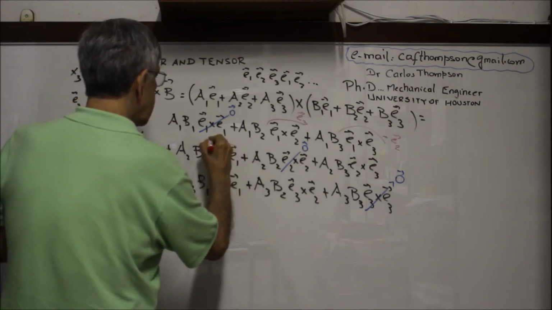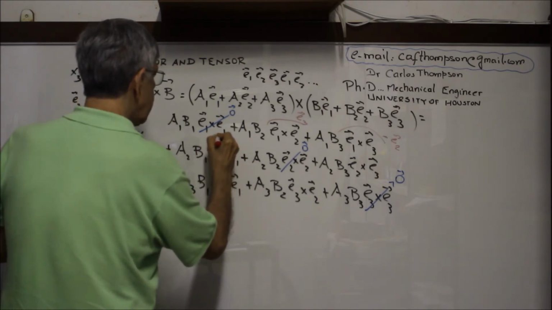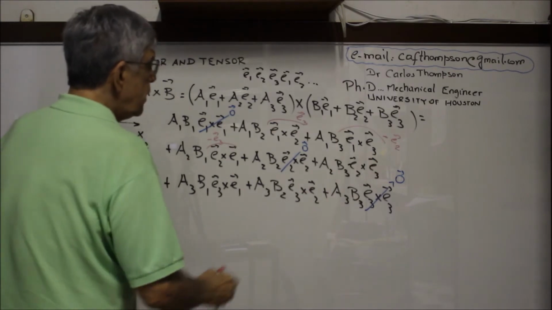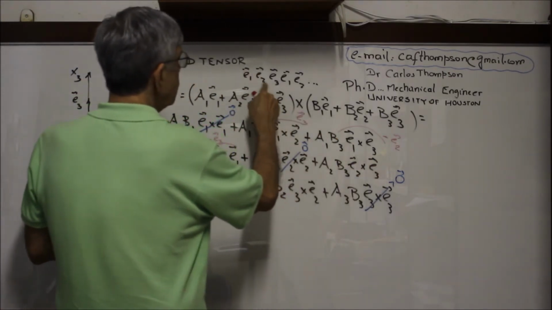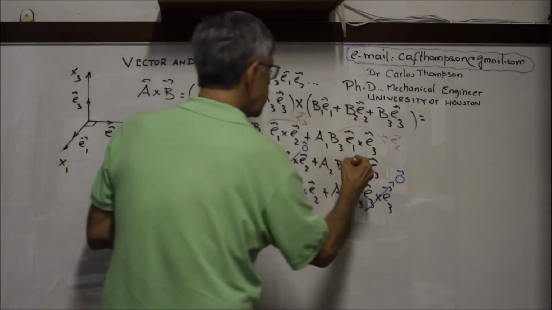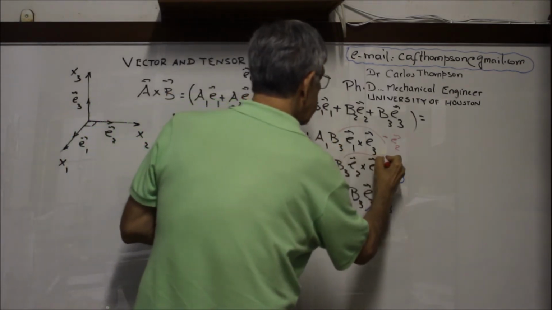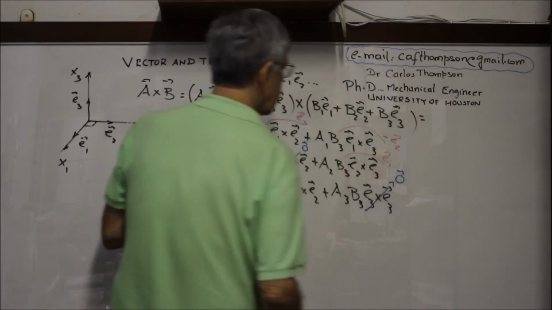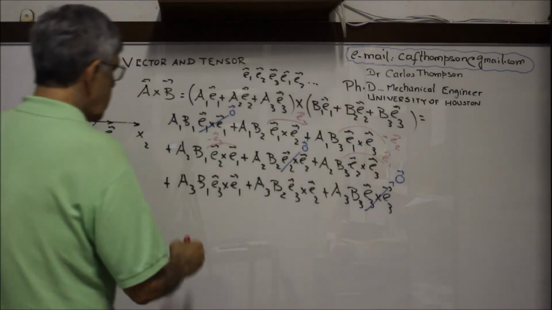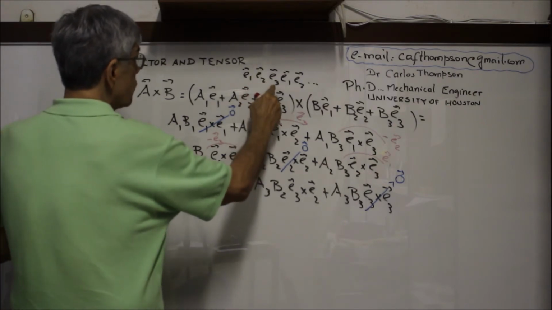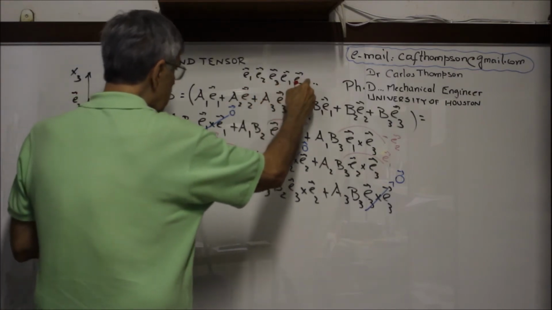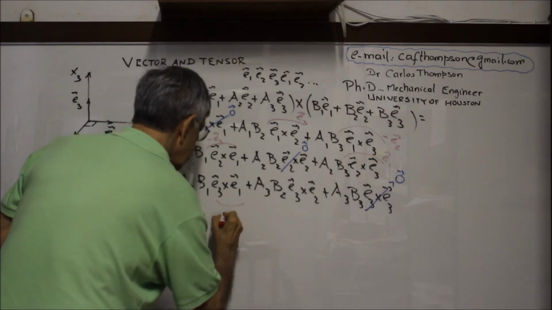Here, E2 cross E3 is plus E1. Now, E3 cross E1, attention, is plus E2.